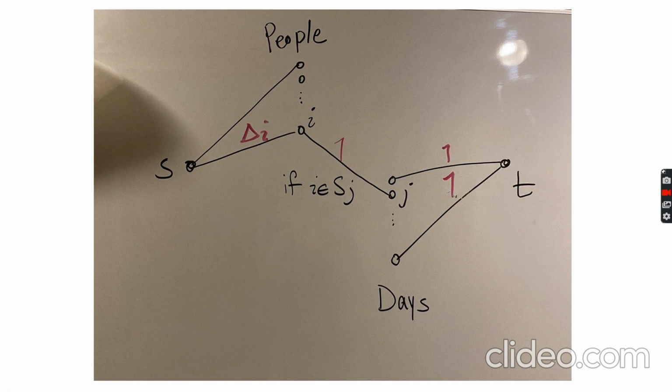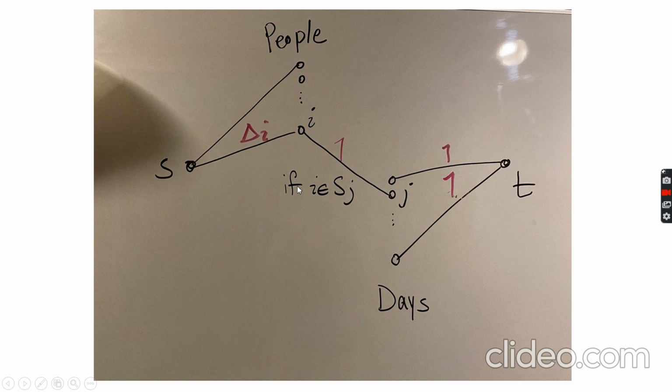The intuition behind the network is that the maximal flow of the graph is going to represent the number of days that we assign a driver to, and we need only 1 driver per day, so that goes for capacity 1 here, and this capacity delta i specifies that driver i is not going to drive more than delta i days.